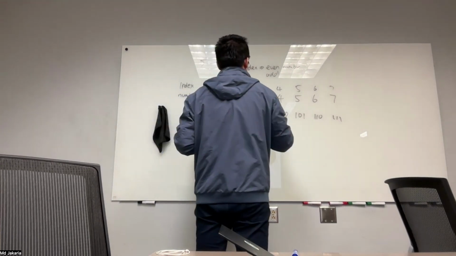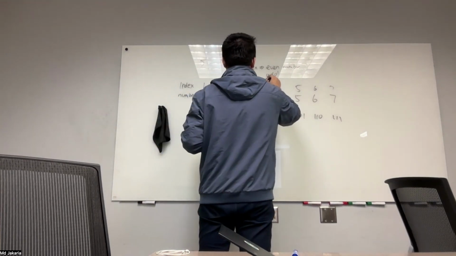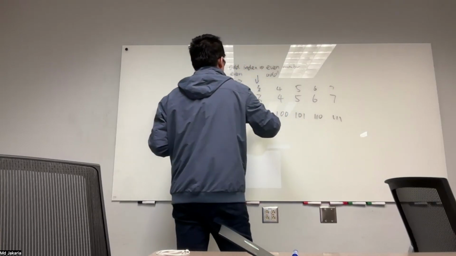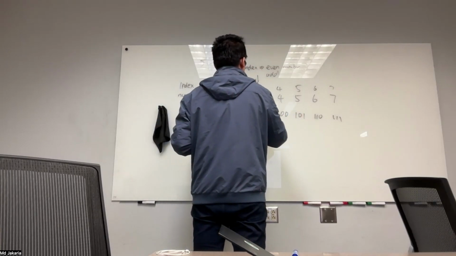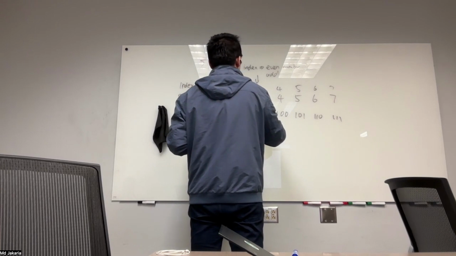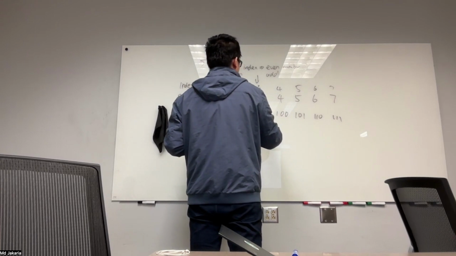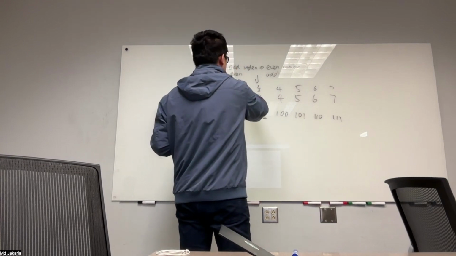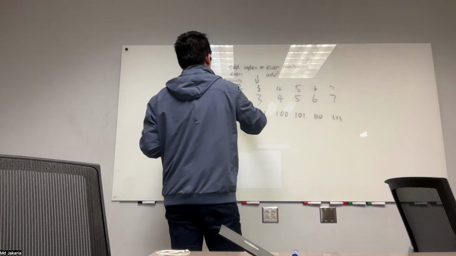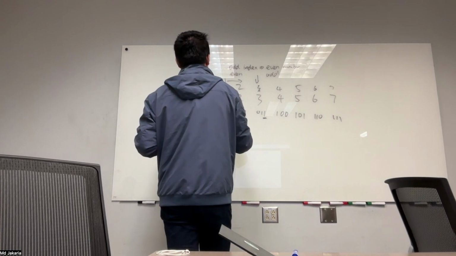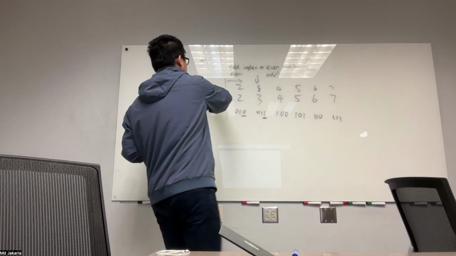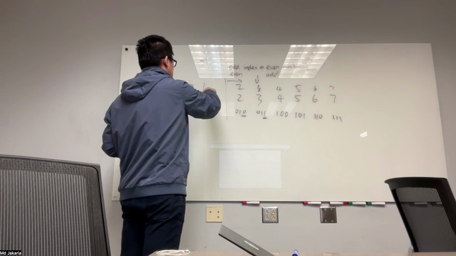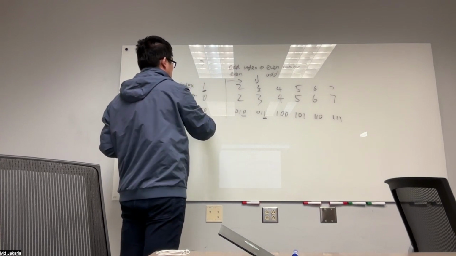So you can do something like this: first you check this number 3. What is the least significant bit at index 3? It's 1, which means that the missing number is before that. And the next one, you check the least significant bit of number 1, and it's 0.